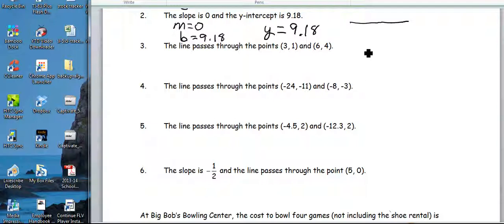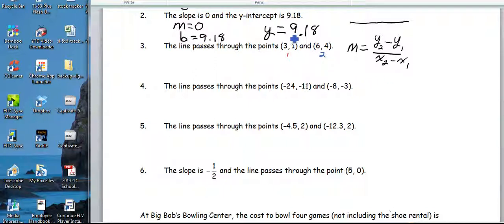All right, so the first thing I do is I use my slope formula, and if you remember my slope formula, slope equals y2 minus y1 over x2 minus x1. So what I'll do is I'll call this point 1, and this will be point 2.